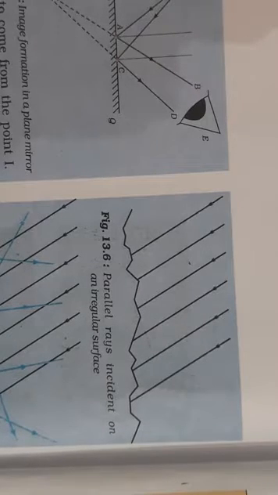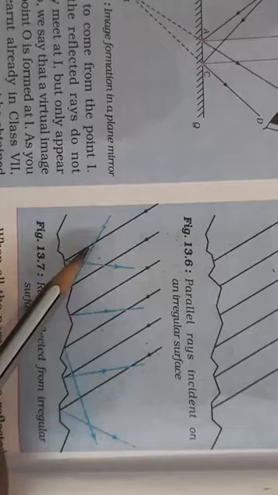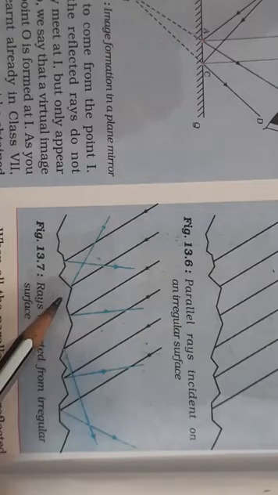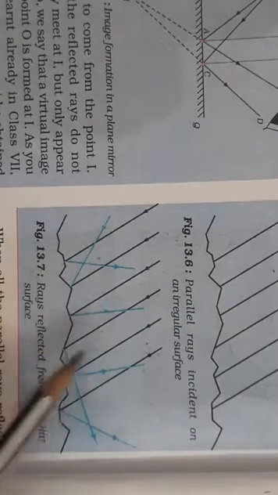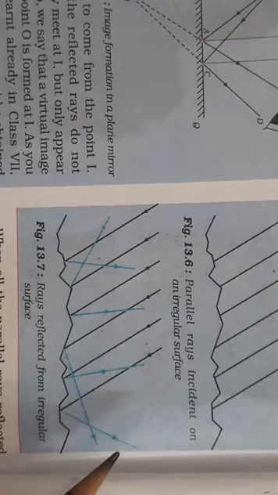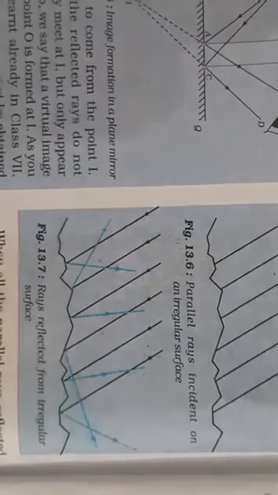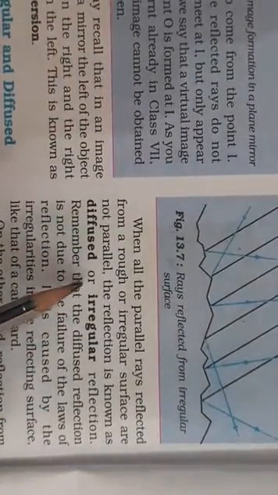Now when these parallel rays fall on any irregular surface, the reflected rays get scattered here and there. The reflected rays are not regular, as you can see in the figure, these are scattered in different directions. हर डायरेक्शन में वो फैल जाएंगे, and this kind of reflection is called diffused or irregular reflection.